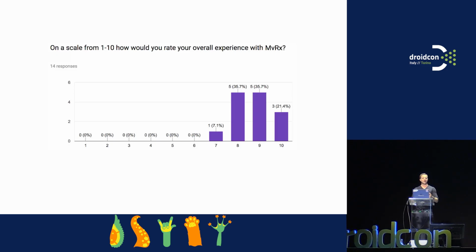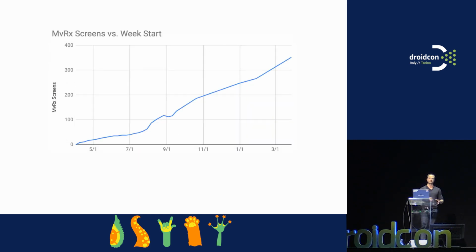And none of this was tied to Airbnb, so we decided we were going to open source it. And in August of last year, we open sourced MvRx. And it was a beta, and we wanted to get feedback from the community. Since then, MvRx has grown a lot. Inside of Airbnb, it's continued to grow. And today, there are over 350 unique screens written with MvRx at the Airbnb app that they're shipping every week.